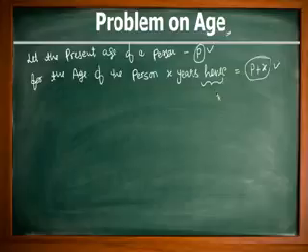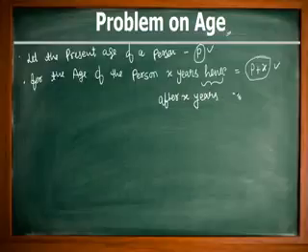In your questions you will get these terms very frequently. So write down the basic two terms here. Suppose a person's age is P, and the age of that person X years hence will be P plus X. We can also say it like this: after X years, it will also be P plus X. Both are the same thing.